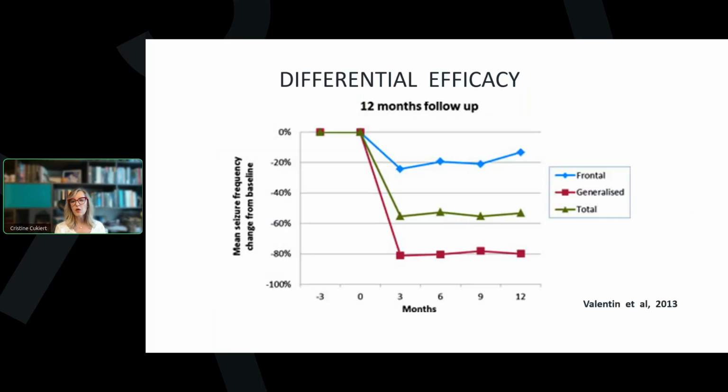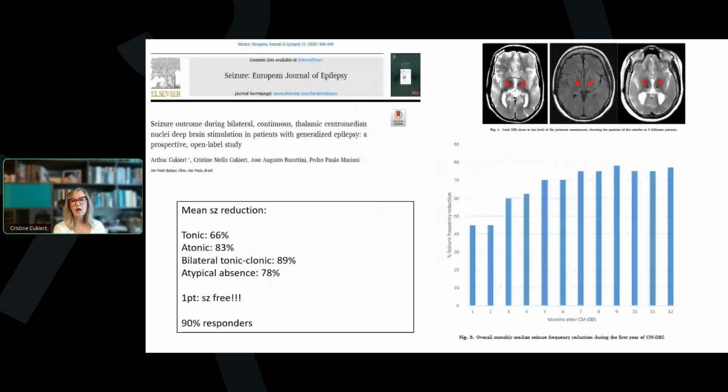And here we have a very nice paper from Valentin showing a very good response in generalized epilepsy. This is another paper of ours showing a very large mean reduction, especially for the tonic-clonic generalized seizures and also for the absence seizures.